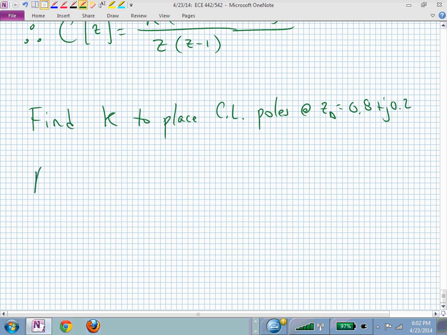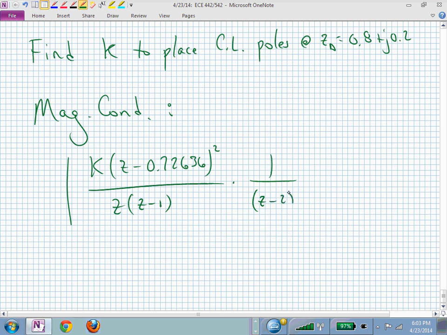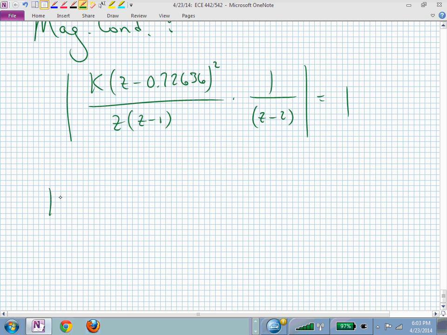And we can use our other condition, which is the magnitude condition, to make that happen. Where now we have k, z minus 0.72636. We've got two factors on top of each other. We can solve that for k. And this now has a slightly different structure.